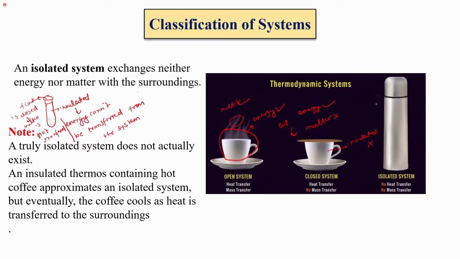Next is your thermal flask. Here neither energy, as the wall is insulated, nor matter, as the lid is closed, can be exchanged. So this kind of system will be called an isolated system.